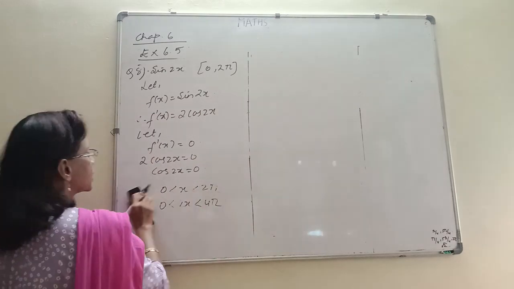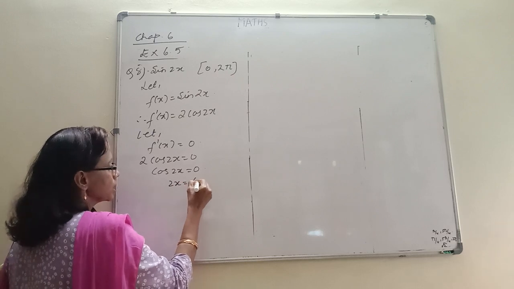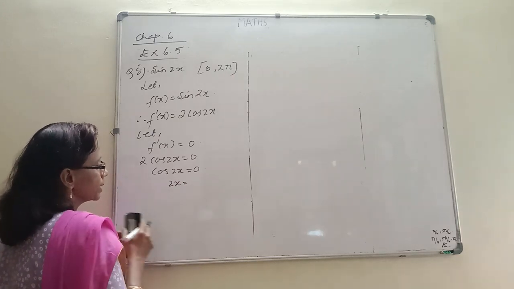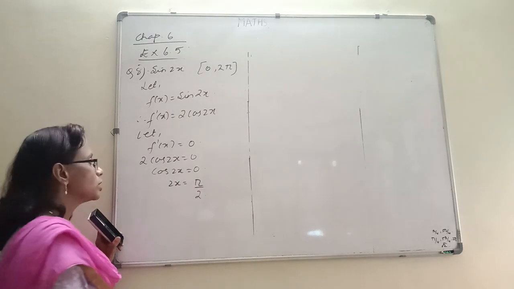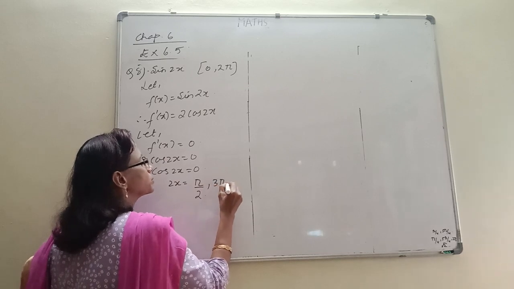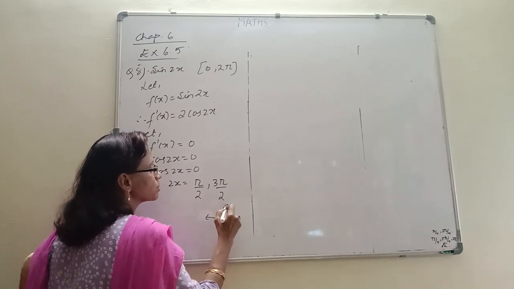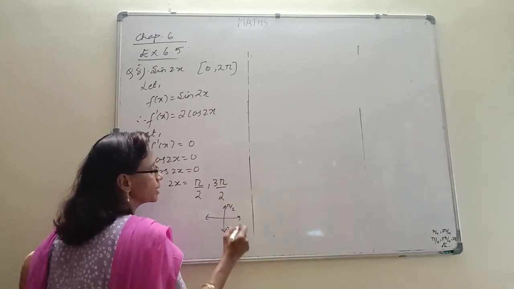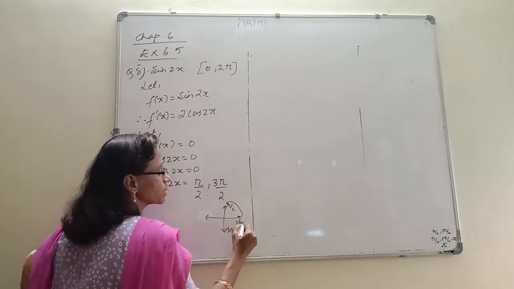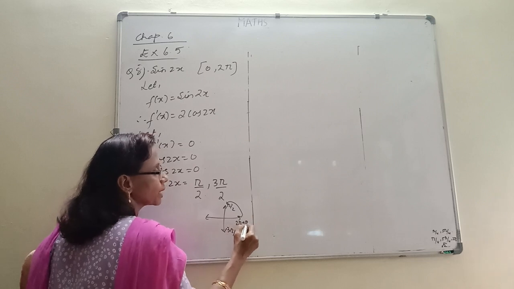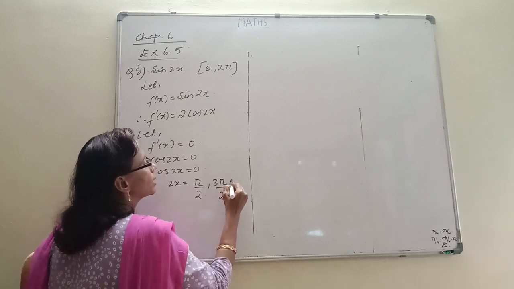From 0 to 2 pi, cos becomes 0 at pi by 2 and at 3 pi by 2. Then it finishes a rotation and comes again, so it's 2 pi plus pi by 2, that is 5 pi by 2.